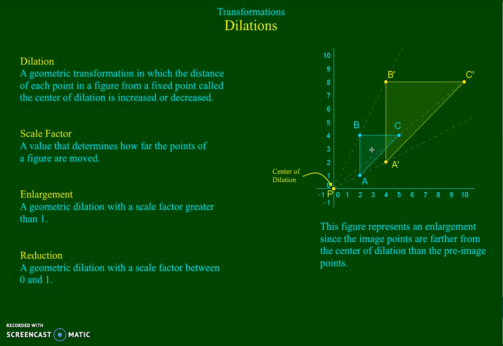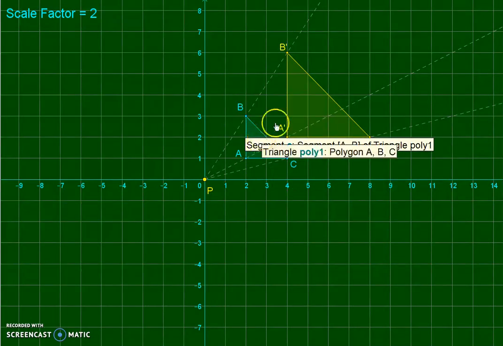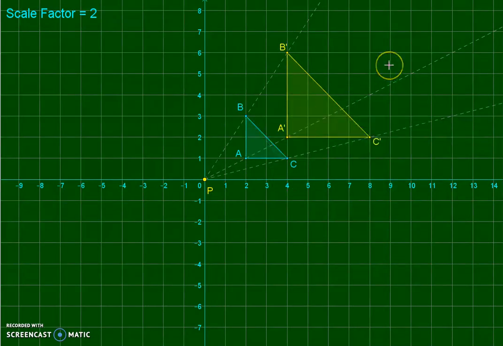Now let's look at some dilations in real time just so that we fully understand what's going on here. Here we can see triangle ABC is being dilated to A prime, B prime, C prime. And up here you can tell that we have a scale factor of 2. So this is an enlargement.